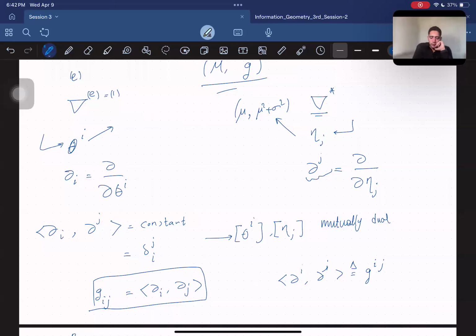Then this is eta 1, this is eta 2, and theta considered to be mu over sigma squared to be theta 1, and minus 1 over 2 sigma squared to be theta 2.